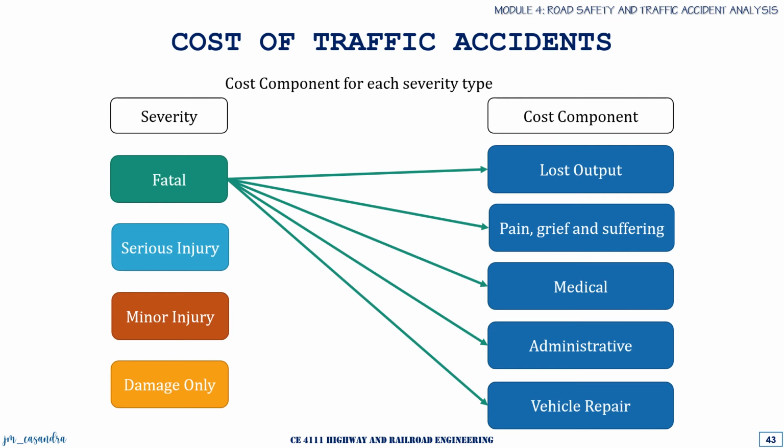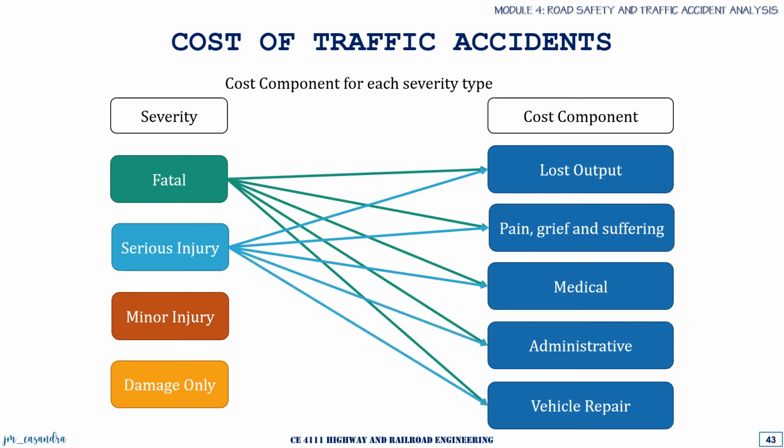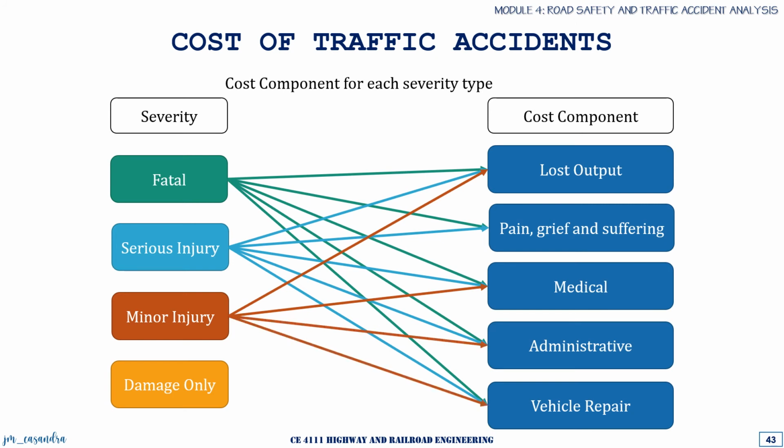For serious injuries, this would incur lost output costs, pain, grief, and suffering, medical, administrative, and vehicle repair. While for minor injuries, we have the lost output, medical, administrative, and vehicle repair.